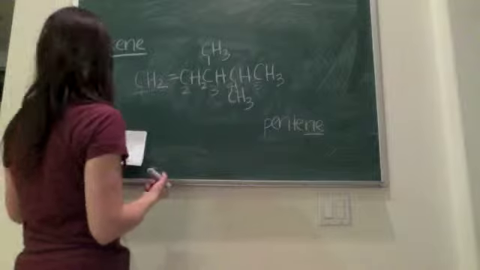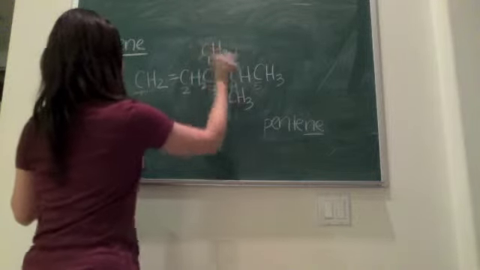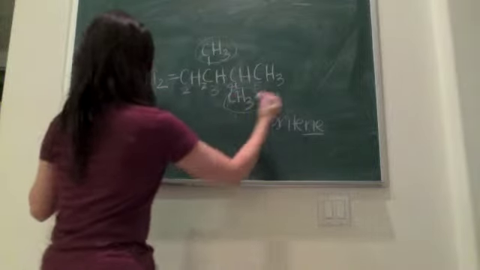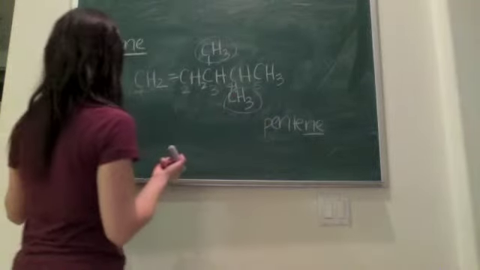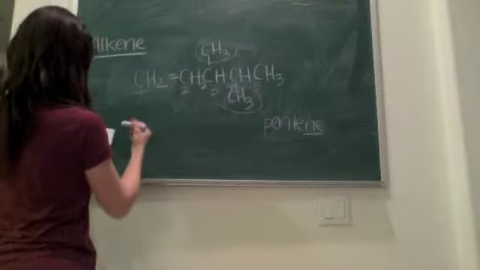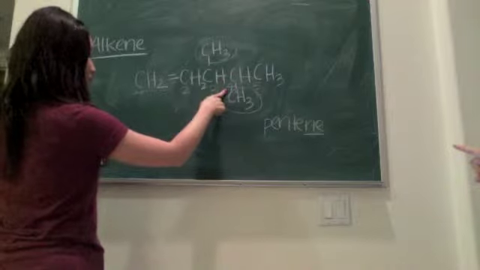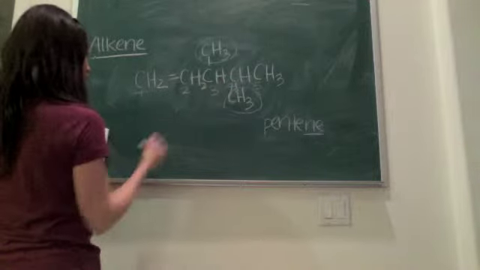Step number 2, name any alkyl group substituents. There's a methyl, and there's another methyl. The first methyl is on carbon 3, and the other methyl is on carbon 4.